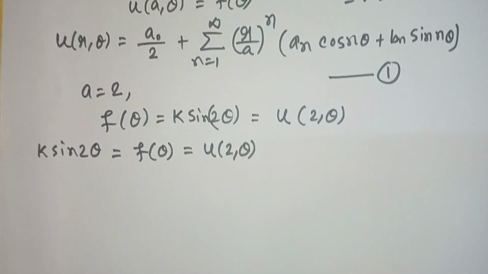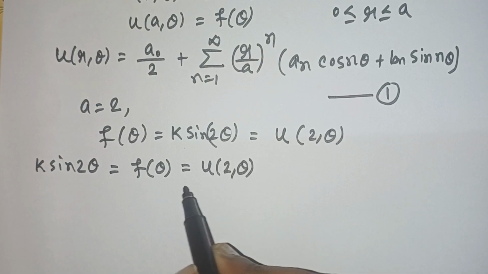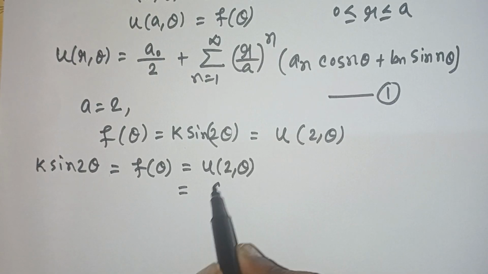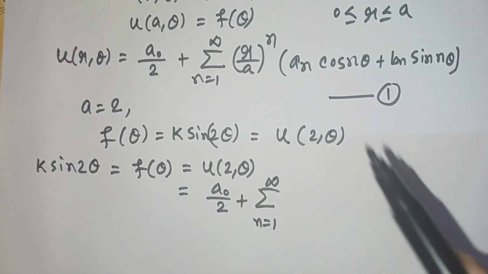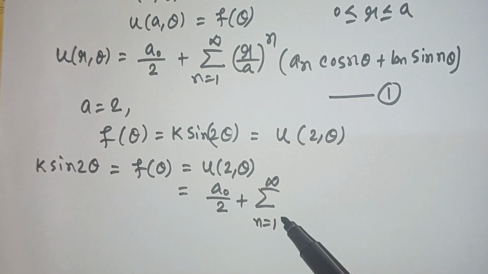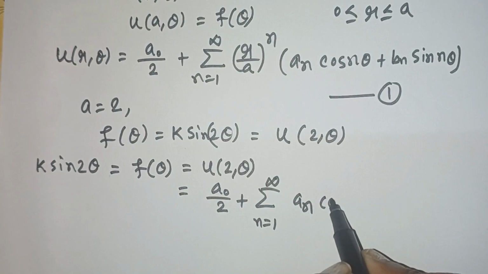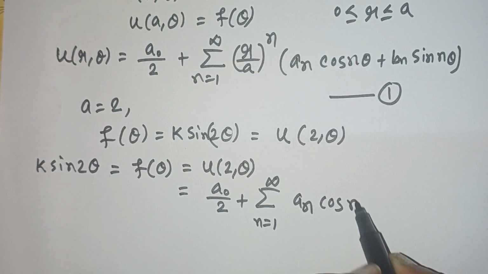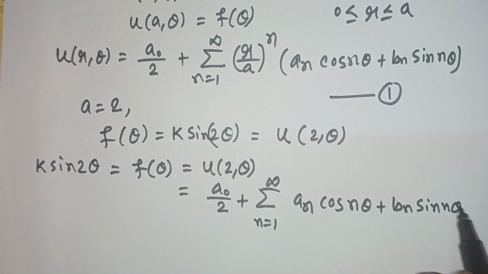Since we already have the value of u(r, theta), if we substitute 2 in place of r, we can write a0 by 2 plus summation n equal to 1 to infinity, and since r and a are both 2, that cancels out, so we just write an cos n theta plus bn sin n theta.